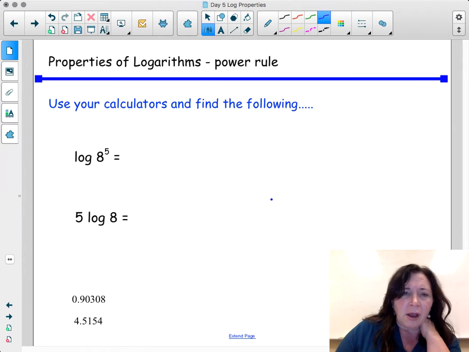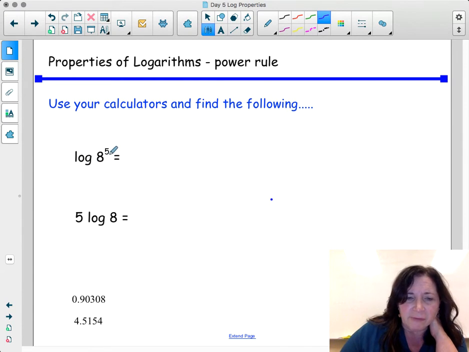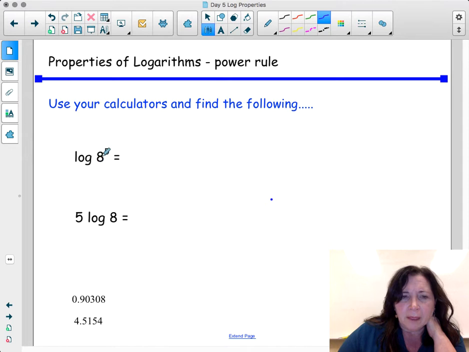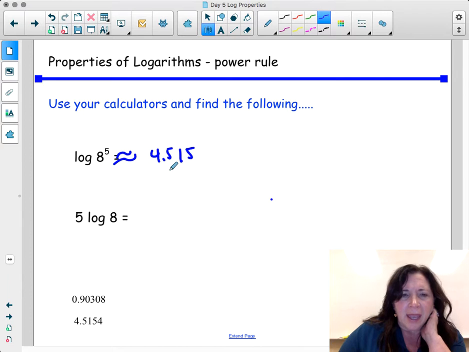So starting off, we are given log base 10 of 8 to the 5th power. So what I have is that log base 10 of 8 to the 5th power actually becomes 4.515, and that's using a calculator. See this part, use your calculators.